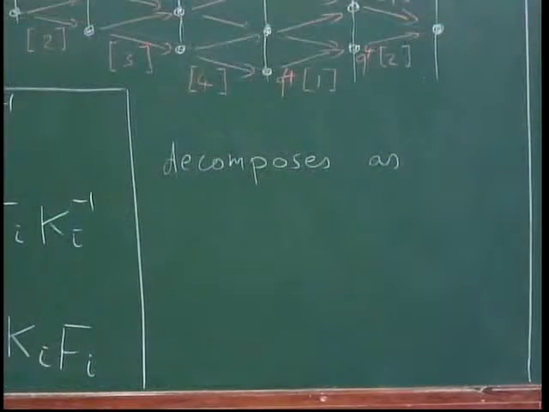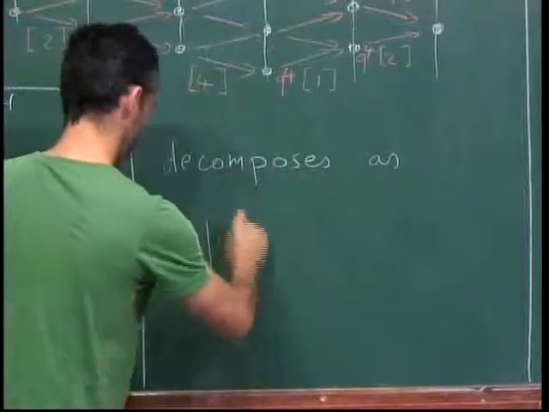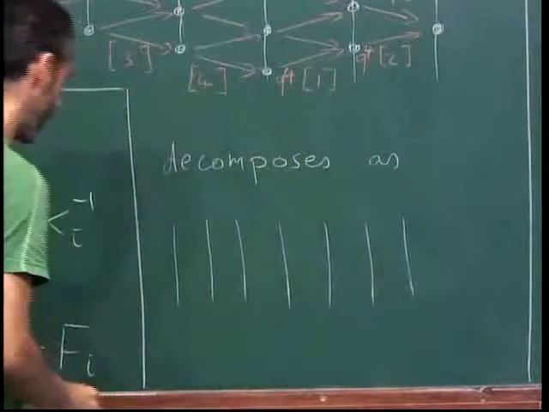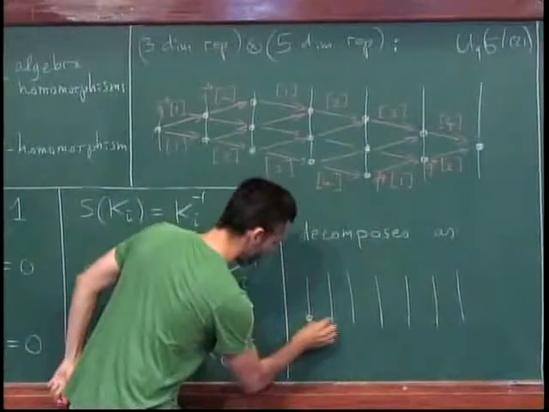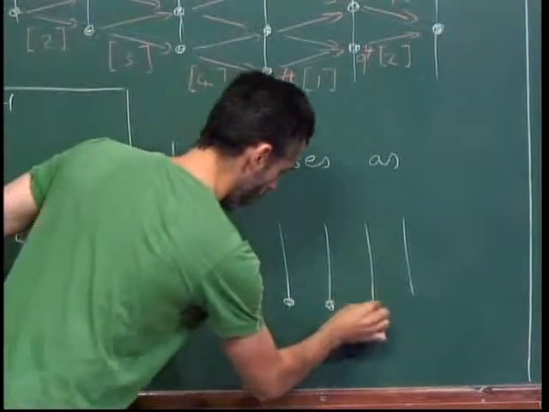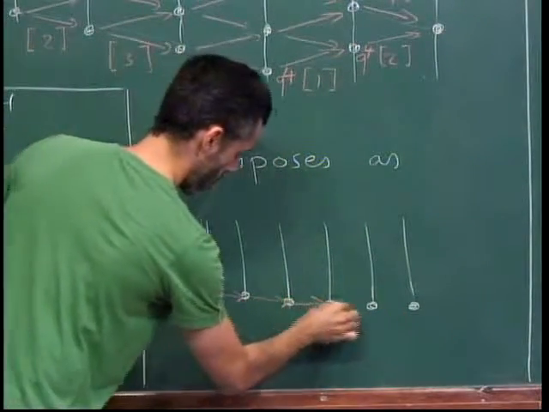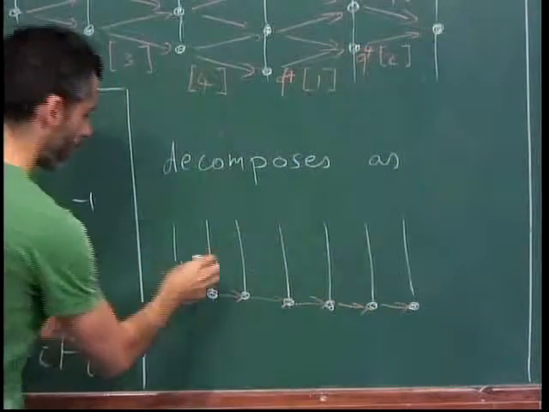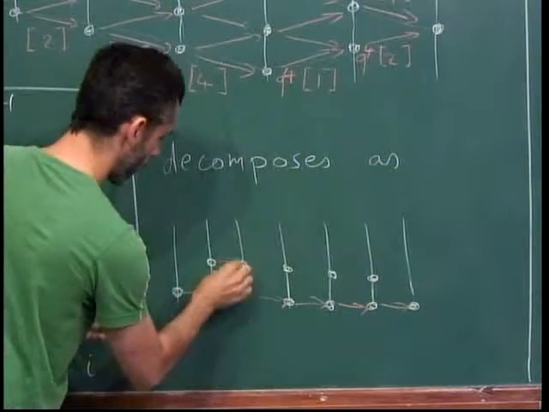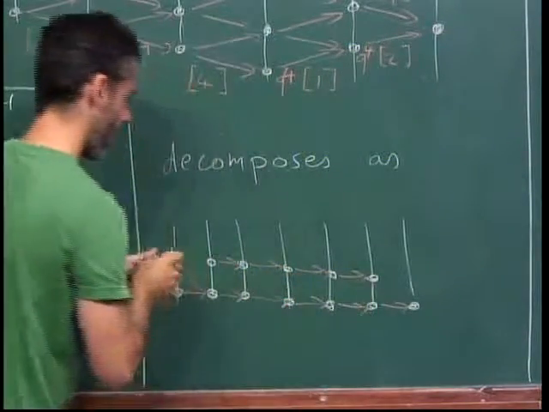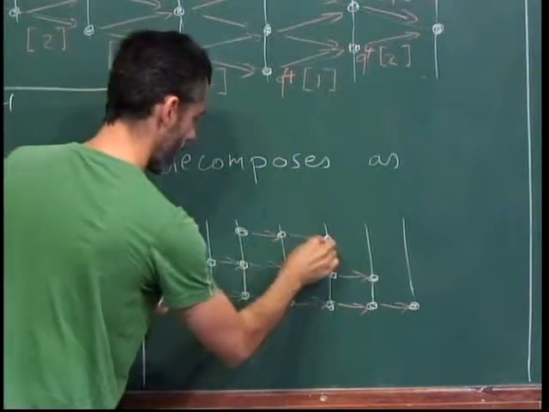So if q is not a root of unity, then this decomposes in the way that you expect. Namely, there is one copy of the 7-dimensional representation, direct sum with a copy of the 5-dimensional representation, direct sum a copy of the 3-dimensional representation.